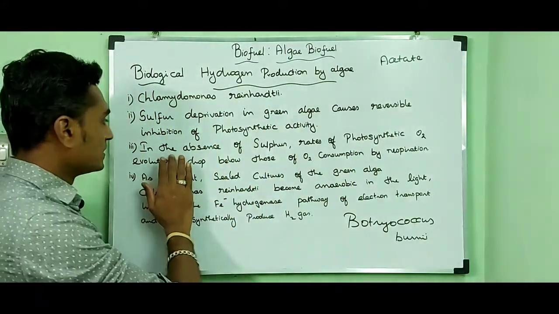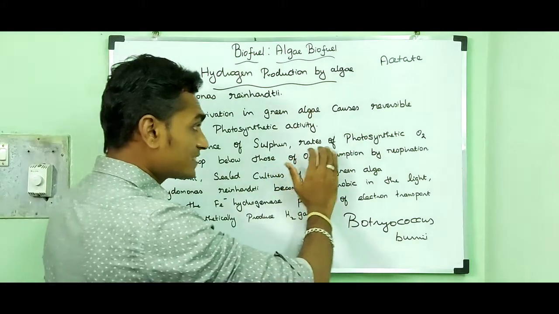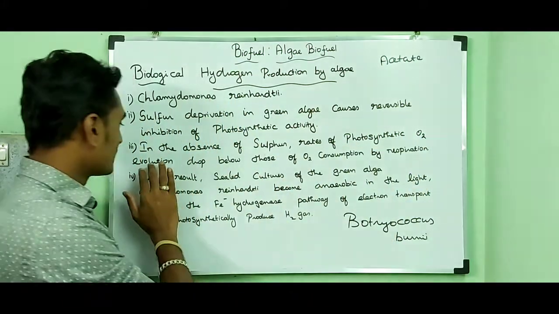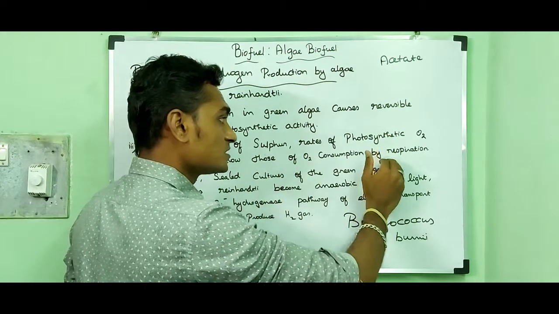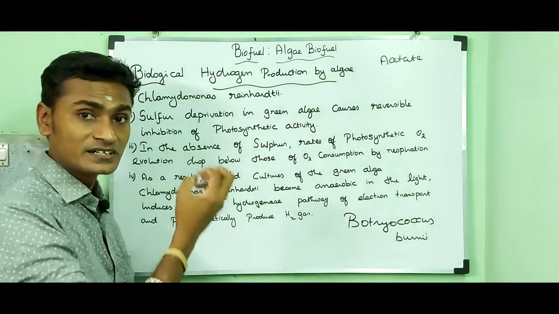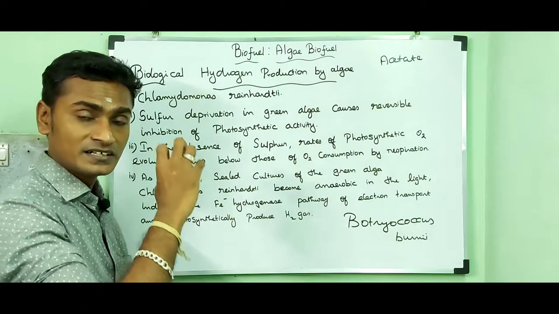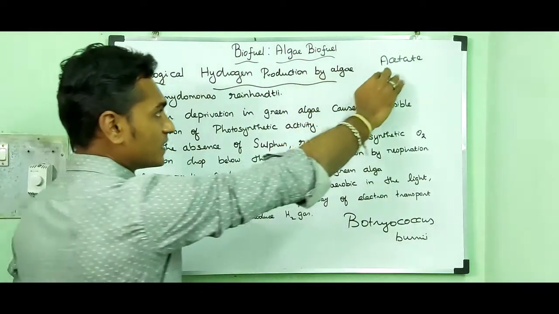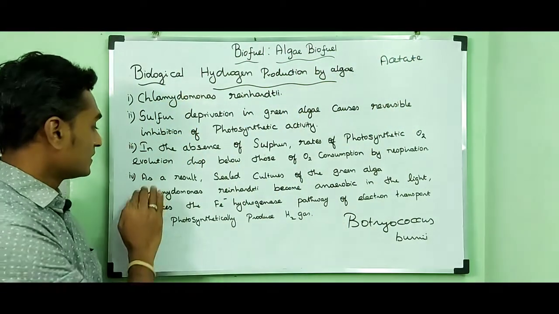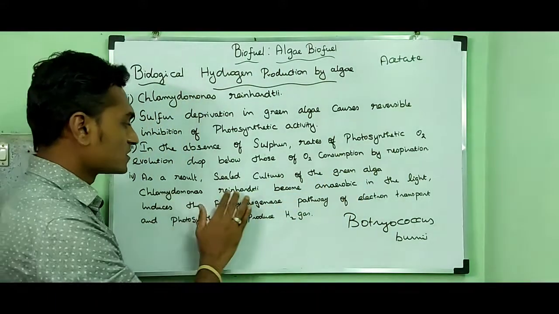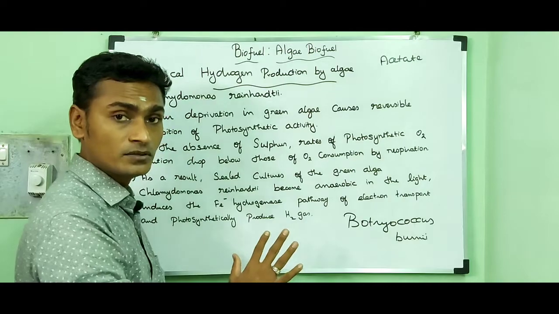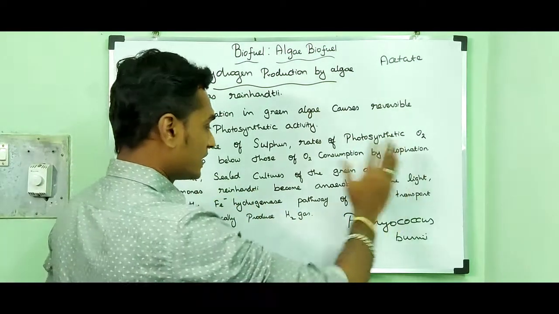That means in the absence of sulfur, the rate of photosynthetic O2 evolution drops below the rate of O2 consumption by respiration. So oxygen evolution gets reduced due to the acetate substrate. As a result, the sealed culture of the green alga Chlamydomonas reinhardtii becomes anaerobic in the light.